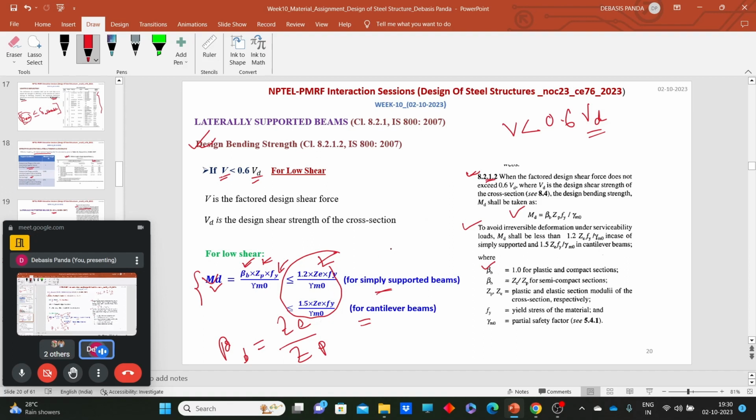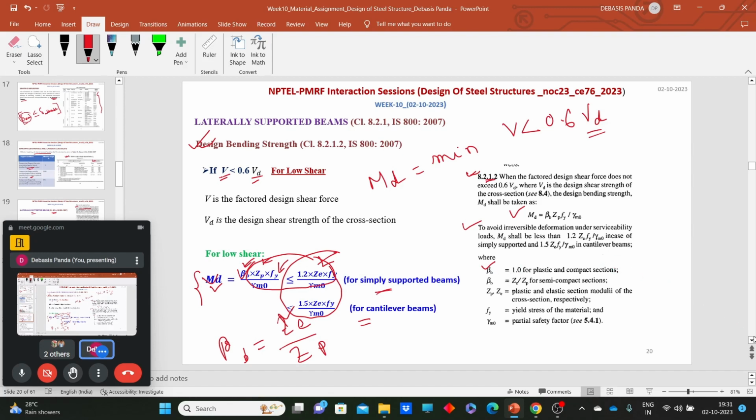That means eventually the design bending strength MD will be the minimum of these two for simply supported beams, and the minimum of this and this for cantilever beams. By this way we can calculate the design bending strength of a laterally supported beam.